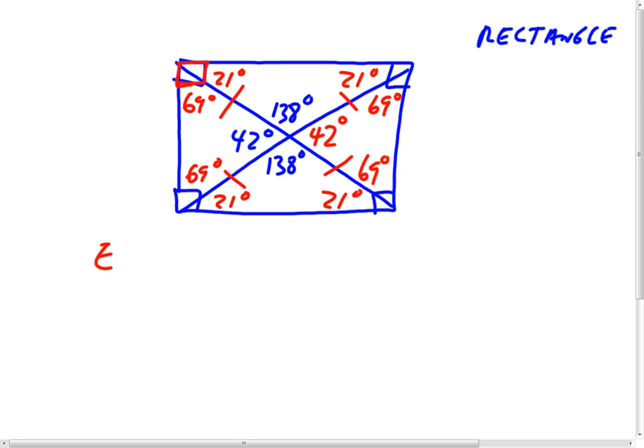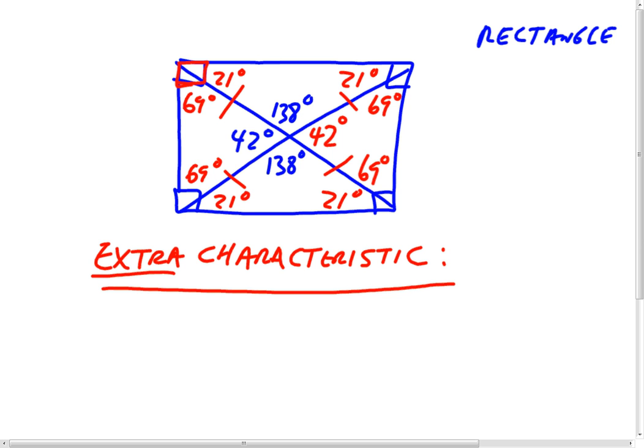Underneath this, let's re-emphasize. Characteristic. Whenever I mention an extra characteristic, this is not a textbook term. This is not something you'll see in your workbook or your textbook. I'm referring to something beyond a parallelogram.